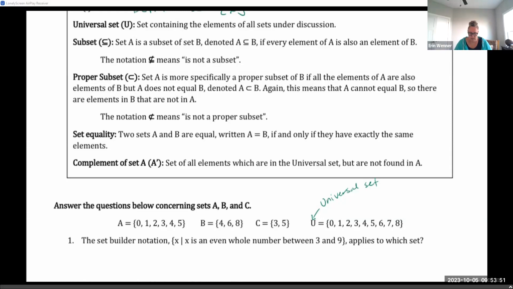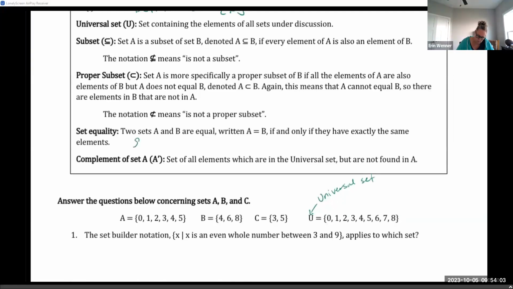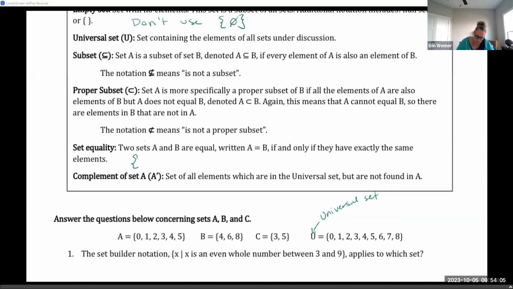Finally, sets are equal if and only if they have all the exact same elements. It doesn't matter if they're written in the same order. So if I had the set 1, 2, 3, that is also equal to the set 3, 1, 2, because all the elements are the same.